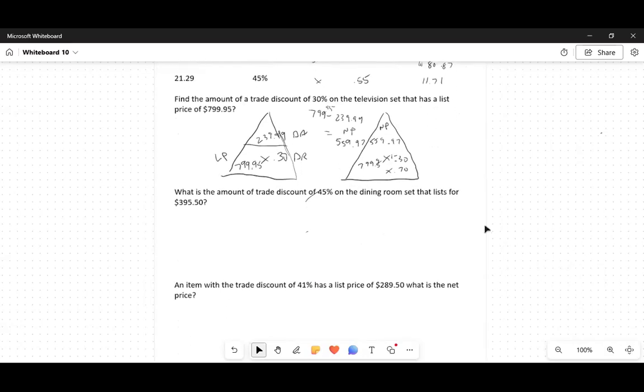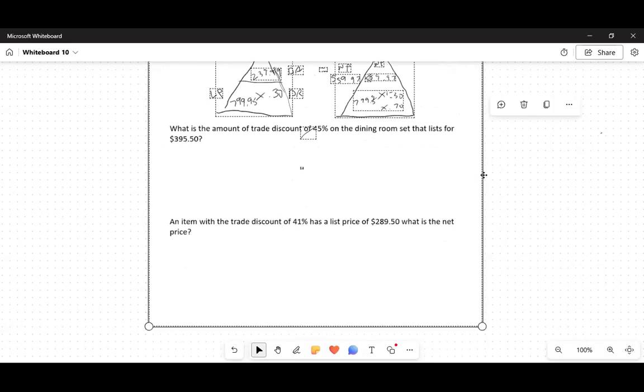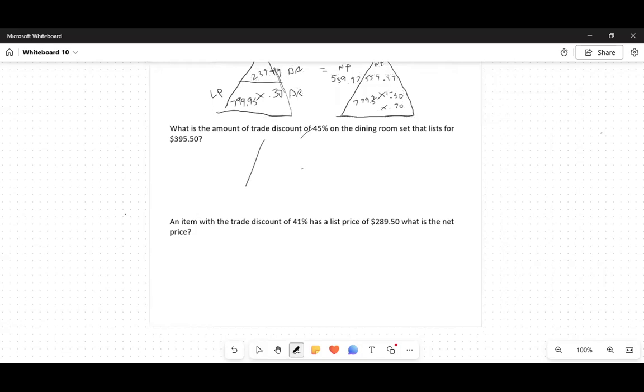All right. What is the amount of trade discount of 45% on a dining room set that lists for $395.50? So these are all very similar problems. Let's work them out real quick. So I'll just do it again. $395.50 times 45% gives me my discount amount of $177.98.